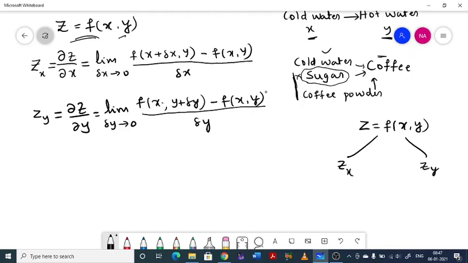Differentiate this zx with respect to x partially again. Then it will be dou by dou x of dou z by dou x. That means you have to consider this dou z by dou x, then again differentiate that with respect to x, keeping y as constant. So keep that in mind.